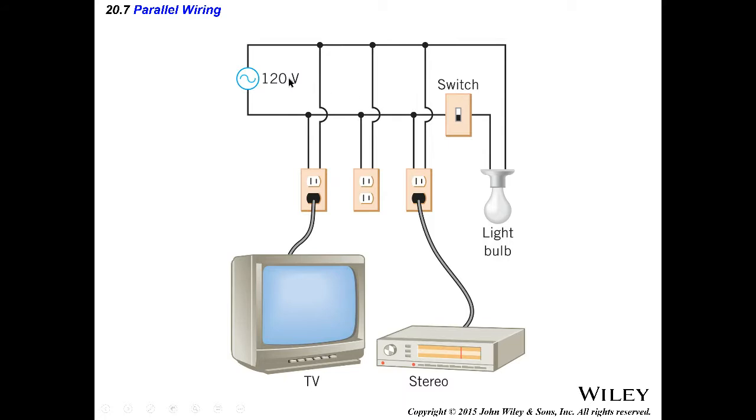Each one is plugged into the same source, 120 volts. This one, you plug it in, it's also at 120 volts. This light bulb, when you plug it in, is at 120 volts. So this is an example of parallel wiring.